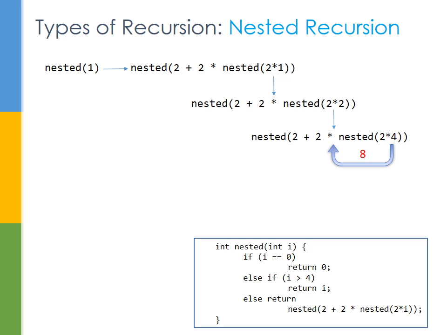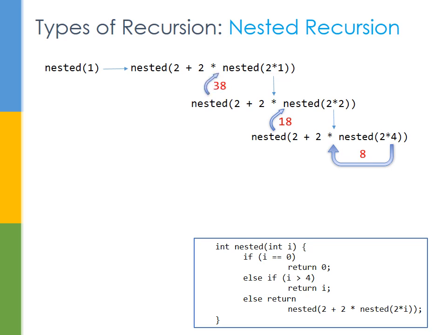So now we multiply 8 by 2, and then we add 2 to that, and you can check my calculation. The result of that computation is then 18, which is then returned by this call to nested over here. So now we have a result of 18 for this call. So we can again then multiply 18 by 2 and then add 2 to that.